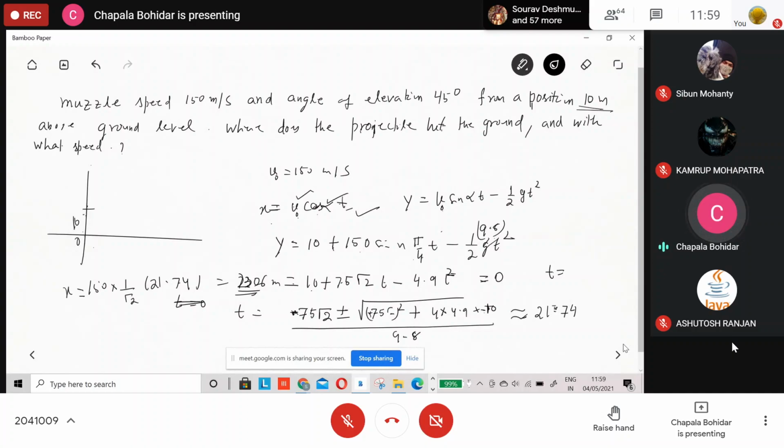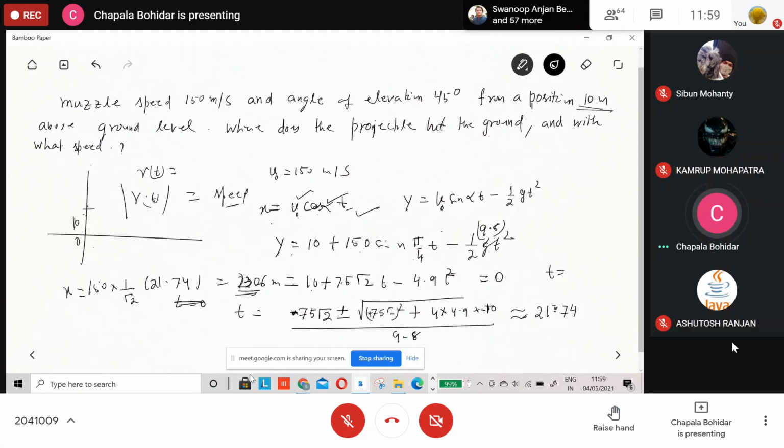And what is the question? Next part is asking, with what speed? Then again, you got the value of xt and yt. Then you have to write down your rt, r dash t. Then the absolute value of r dash t is your speed.